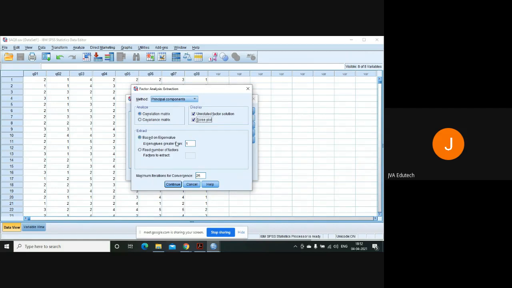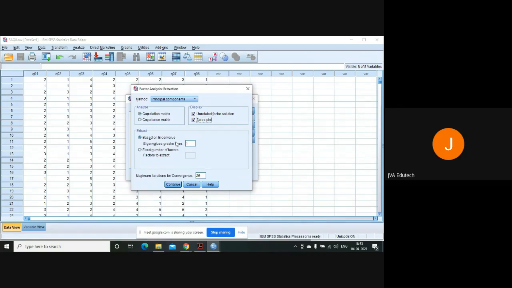Now, what are eigenvalues? Eigenvalues are the total variance explained by the given principal component. If eigenvalues are greater than 0, then your model is considered to be fit, or they are said to be desirable.